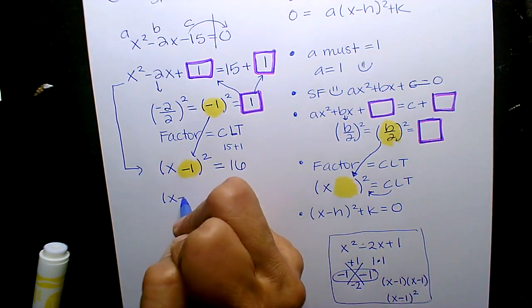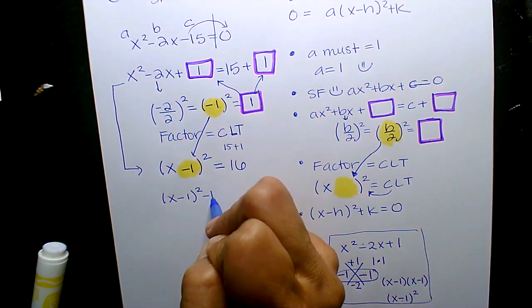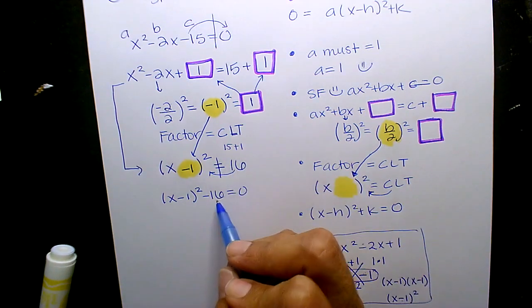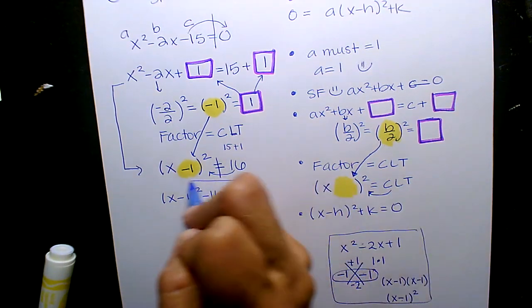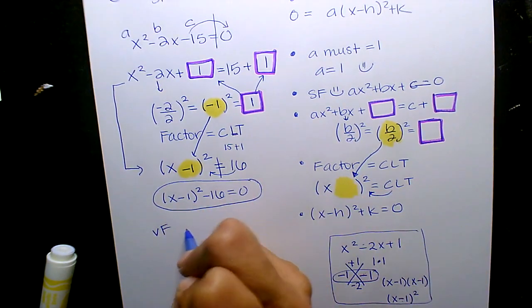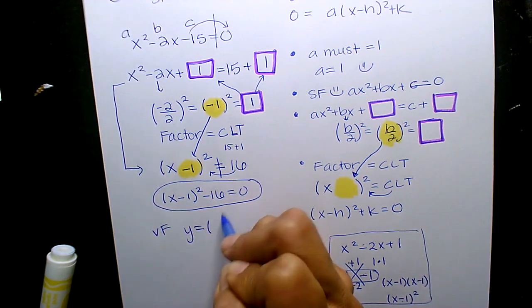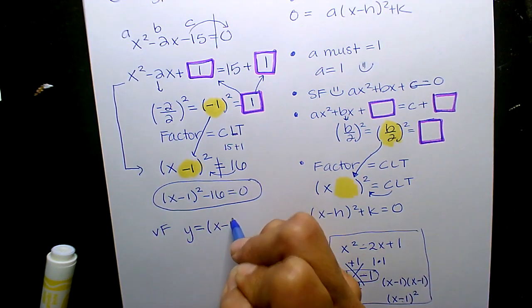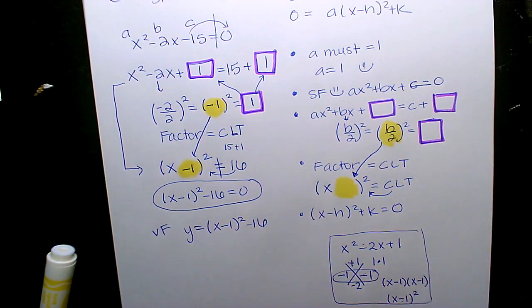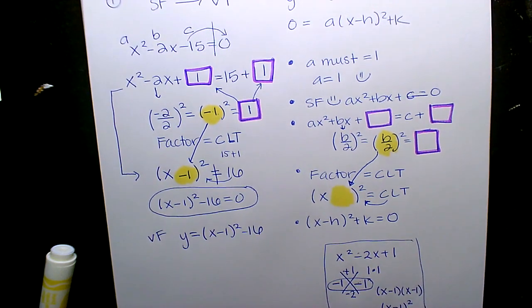So it becomes x minus 1 squared minus 16 because I take it over, so I inverse operate. And this is you rewriting it in vertex form. It's just technically, instead of the 0, because we're not solving, you would put the y instead. And it's not bad, you guys.